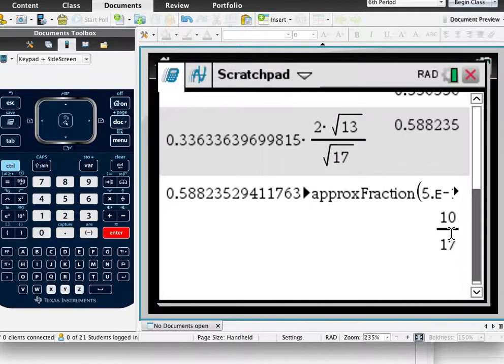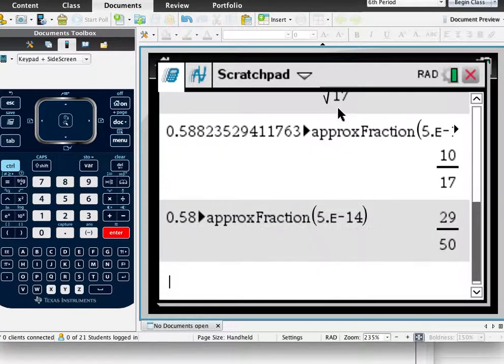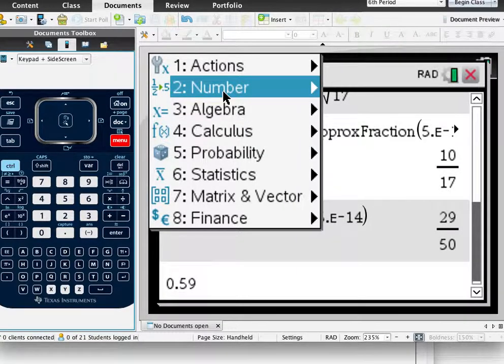If it's a nice fraction like 10 over 17, leave it as 10 over 17. But if you had, like, let's say you had 0.58 and I don't even know what that fraction would be, approximate to a fraction. Notice it's giving us completely different fractions because I was rounding there. Even if I rounded up like I was supposed to, so I should have rounded up, which would be 0.59, and I approximate to a fraction.